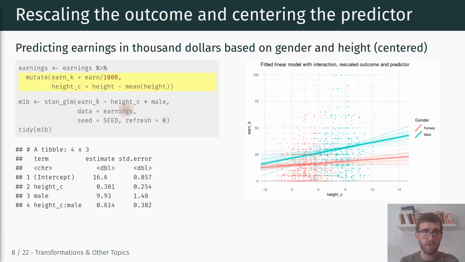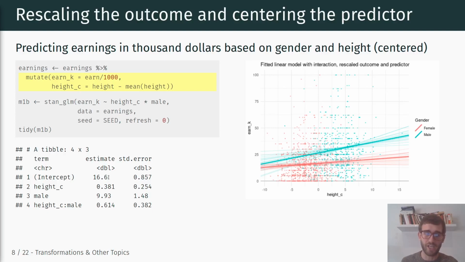We run the same model now with earnings in thousands and centered height, and now we have coefficients that are more easily interpretable. Now the intercept is the expected average yearly earning for women of average height. If we're really precise about this, there's still a problem, because men and women have different average heights.